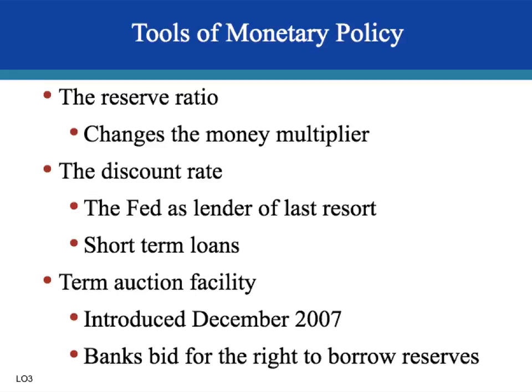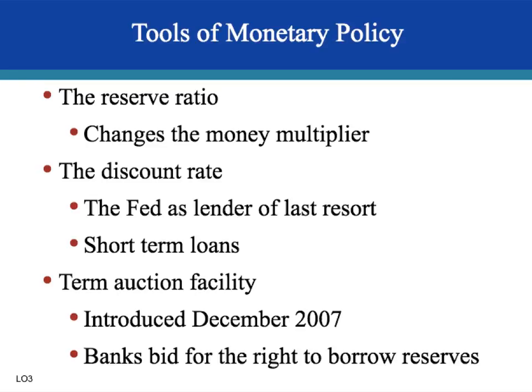And then interest on reserves, this is new. This was introduced at the end of 2007, to try to help stabilize the financial markets. This is where any reserves held at the Federal Reserve are paid interest. And so if the Fed wants to decrease the money supply, then they will pay a higher interest on reserves kept with them.